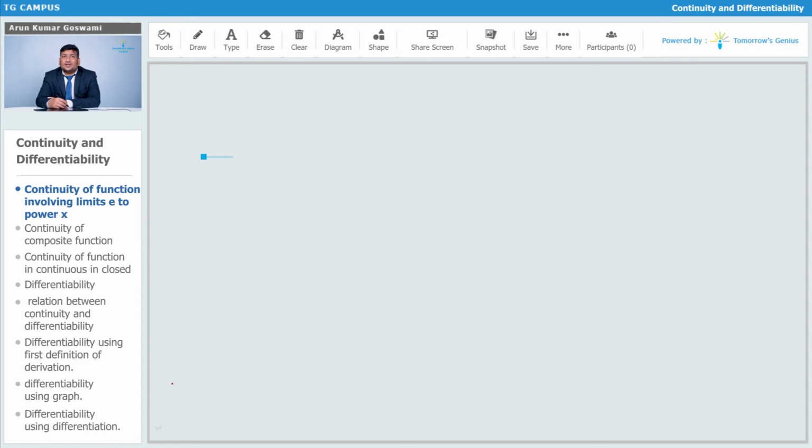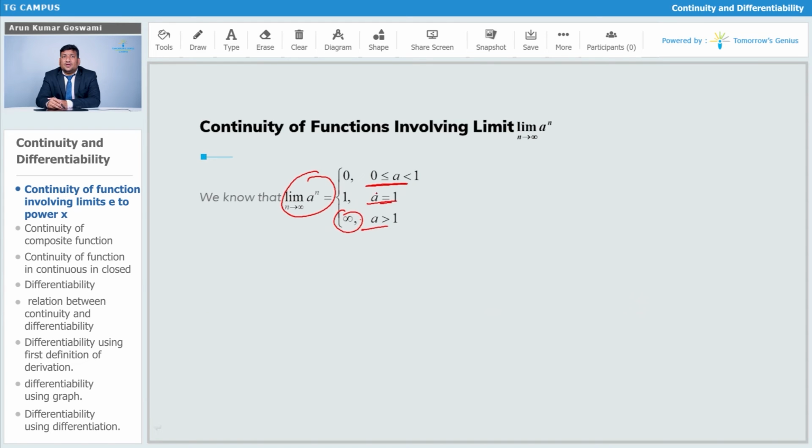As you can see from here also, that's why I have given this part: if we have a limit like this, my function will be discontinuous at these points. So first of all, whenever the limit n tends to infinity is there, we have to open the function. Basically we have to find the values of the function in this separated way, or open the function completely to know the values.